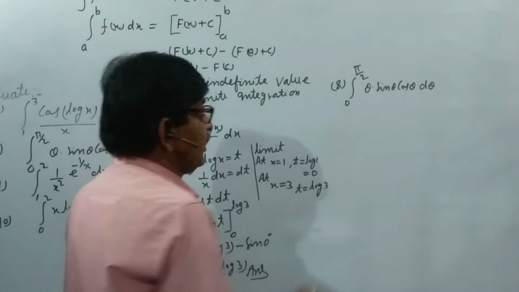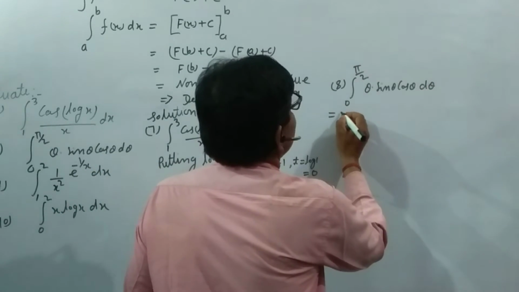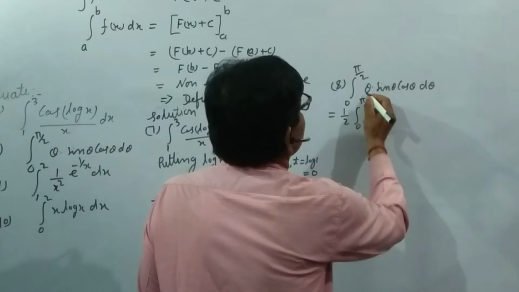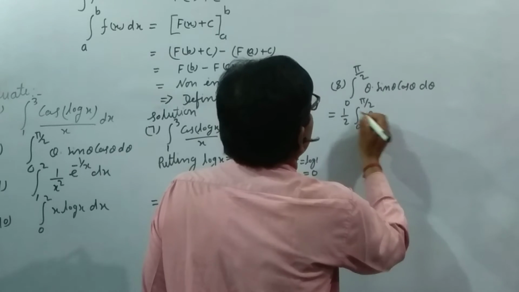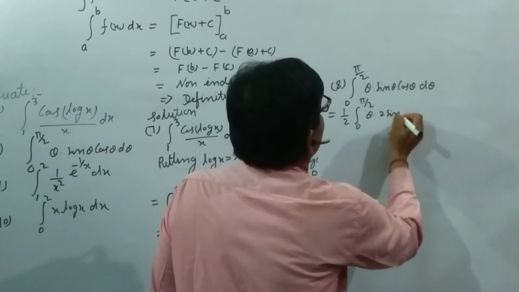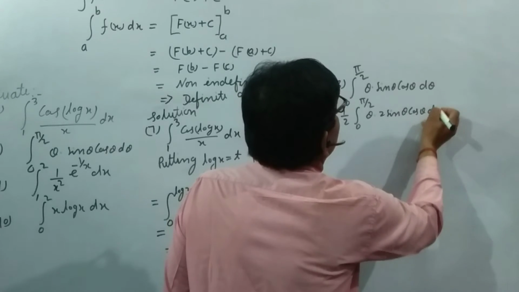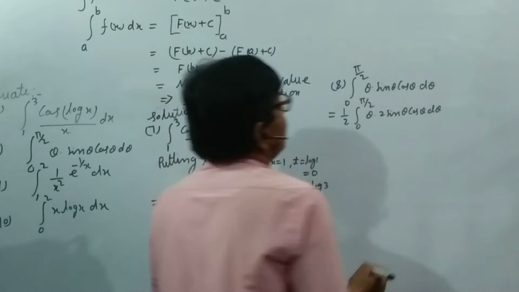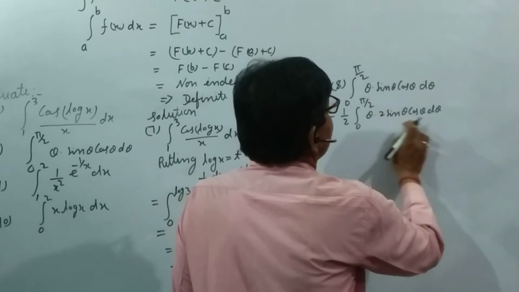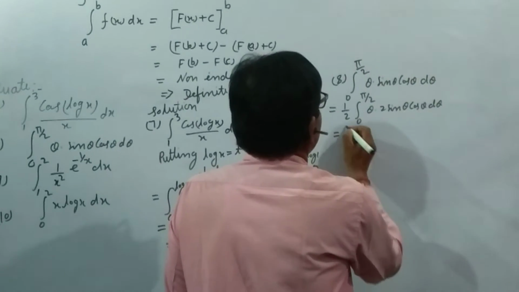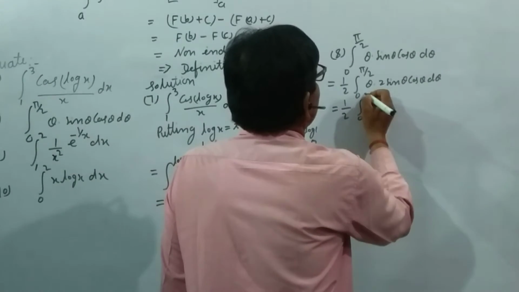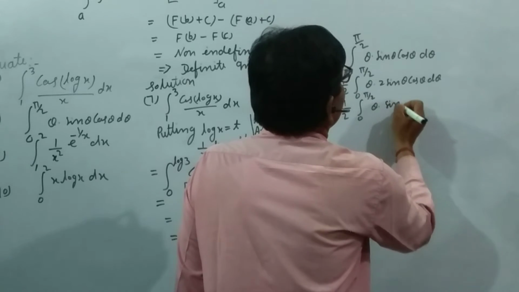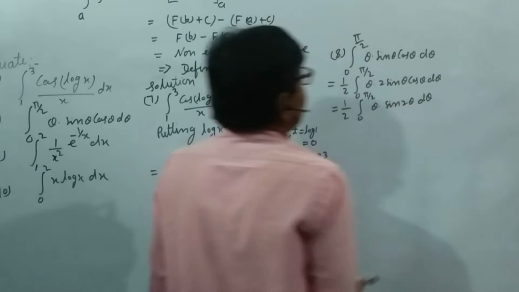Here in this case we multiply and divide by 2: 1 by 2, integral from 0 to pi by 2 of theta into 2 sin theta cos theta d theta. As you know that sin 2a is 2 sin a cos a, in the similar sense 2 sin theta cos theta is sin 2 theta, so this will be 1 by 2, integral 0 to pi by 2 of theta into sin 2 theta d theta.